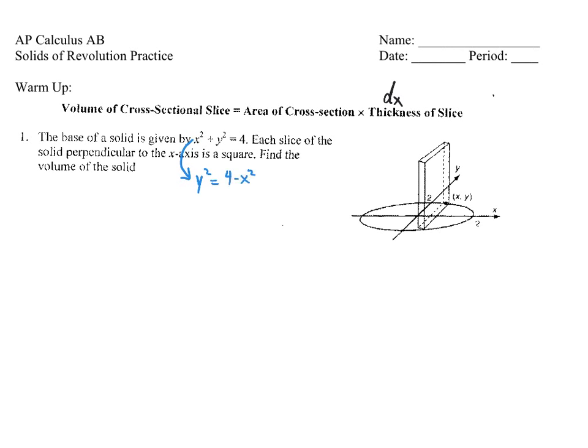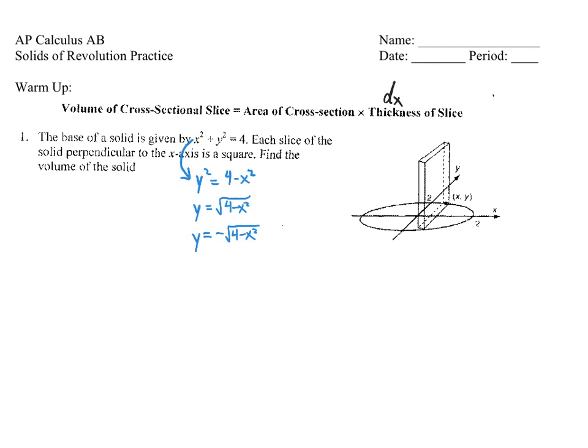And then the upper half of this circle is going to be y equals the square root of 4 minus x squared. And the lower half is going to be the negative square root of 4 minus x squared. Okay?